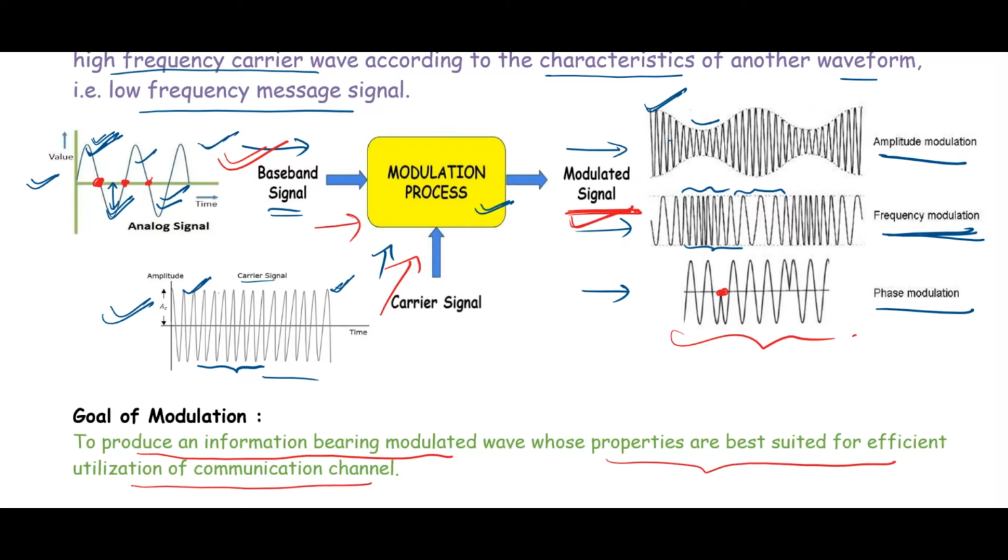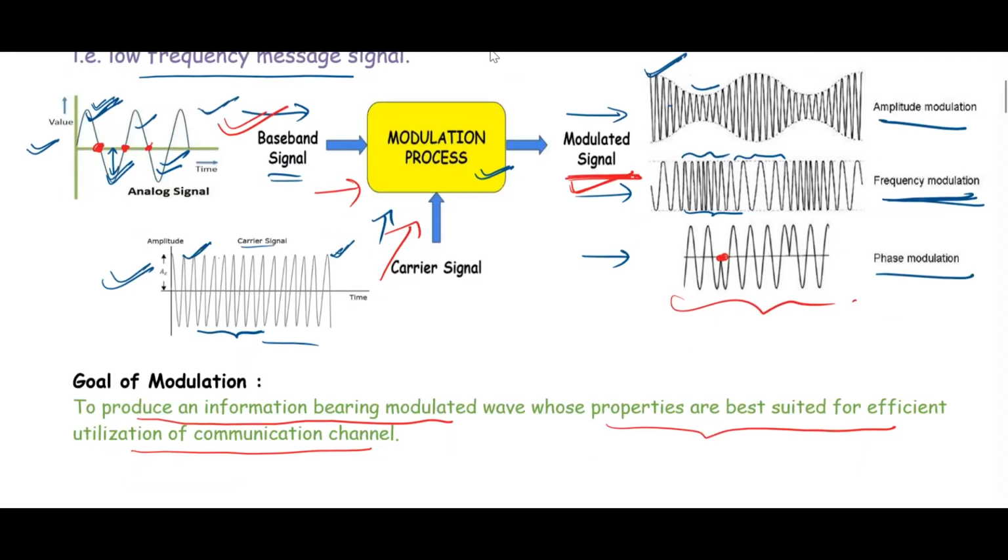Meaning you have to transmit this signal over the communication channel, so it must match the characteristics of the channel so that it can travel some distance with minimum losses. Basically, we are making our signal channel compatible.